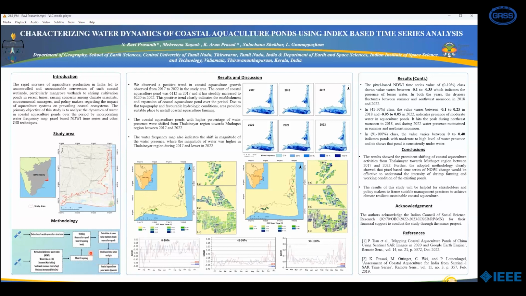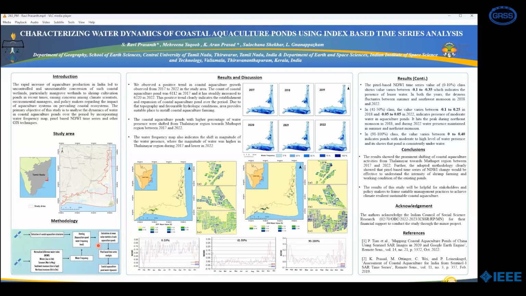Then the water frequency map was overlaid with the manually extracted aquaculture ponds for the respective years. Then zonal statistics was performed to calculate the mean value for water pixels which fall within each aquaculture pond. The pixel mean value gives us the average pixel intensity encompassing each pond, and that gives us information about the dynamics of water presence in the coastal aquaculture ponds.